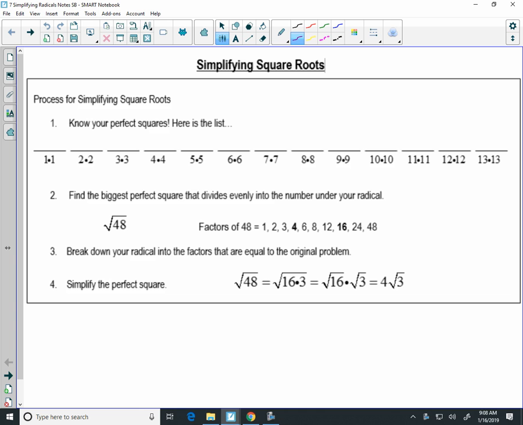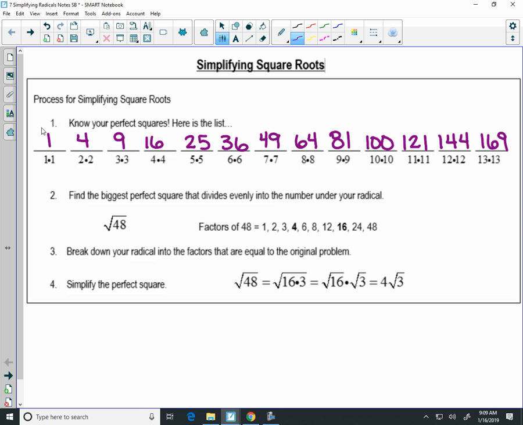I'm going to go ahead and do them. 1 squared is 1, 2 squared is 4, 3 squared is 9, 4 squared is 16, 5 squared is 25, 6 squared is 36, 7 squared is 49, 8 squared is 64, 9 squared is 81, 10 squared is 100, 11 squared is 121, 12 squared is 144, and 13 squared is 169.